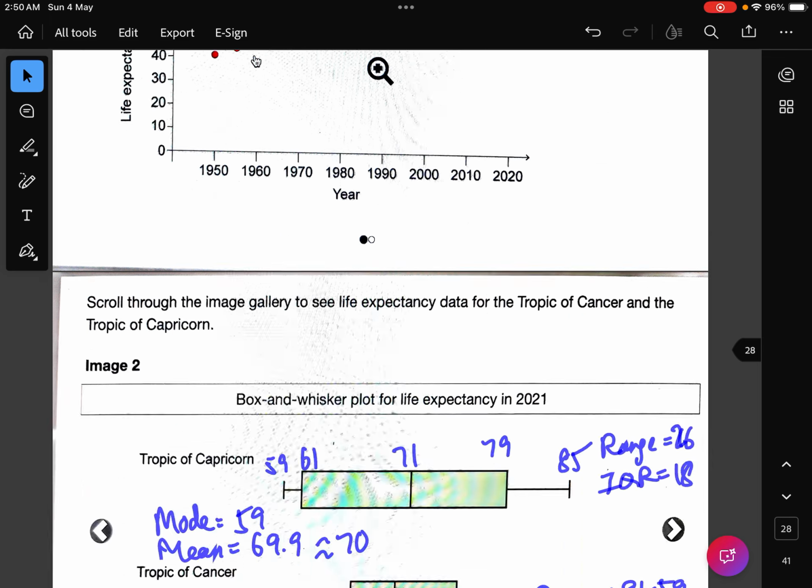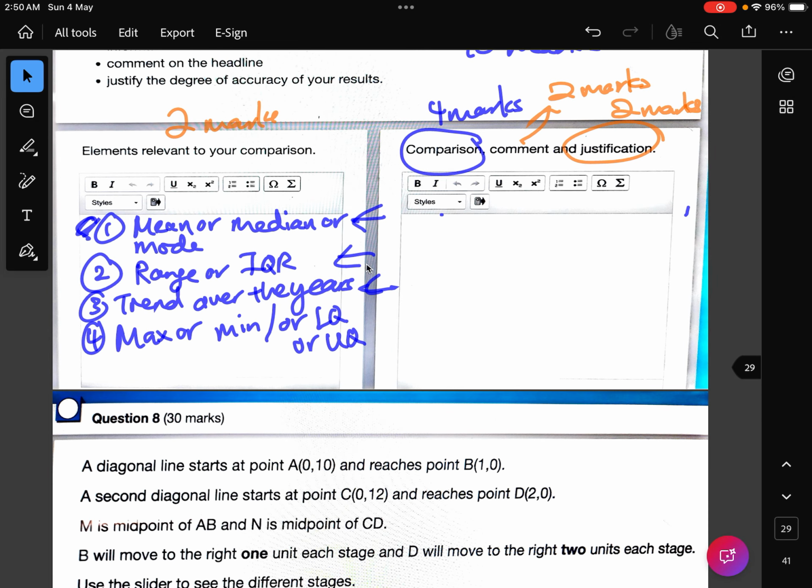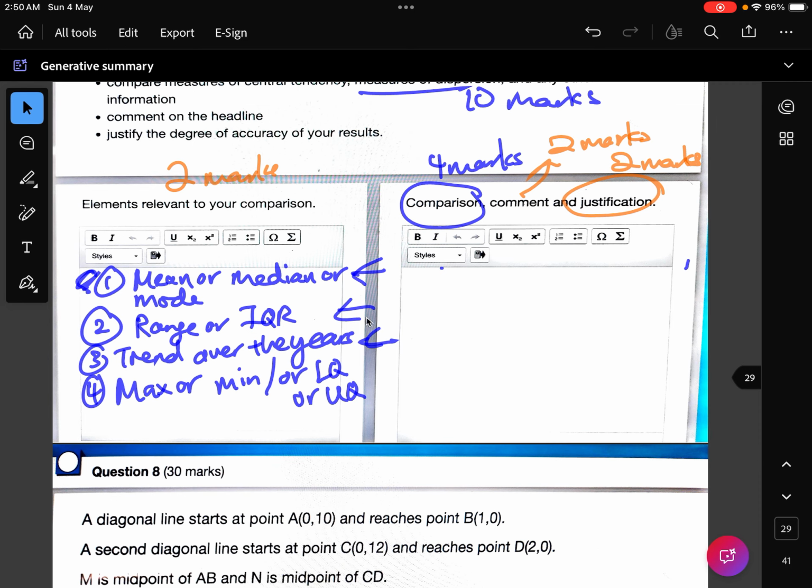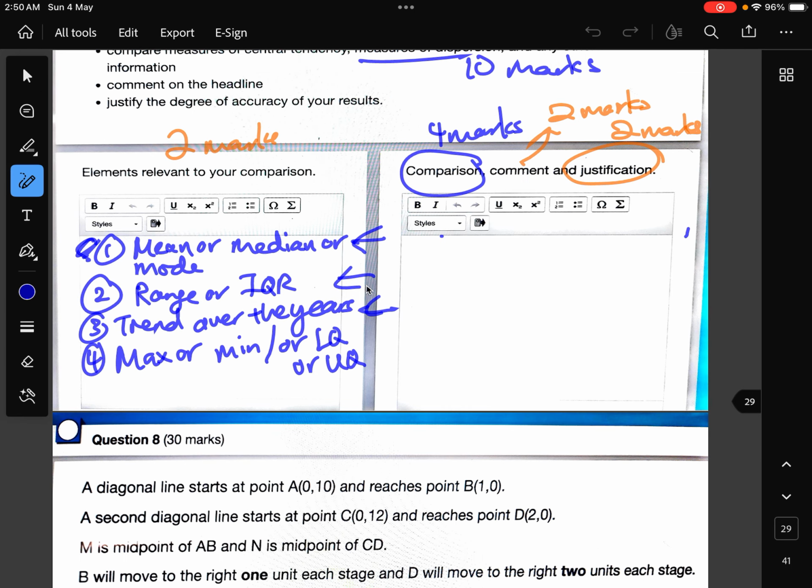So I'm going to write this down first because I think it's a very valid point. I think we can say that it's inaccurate because image 1 does not show which average is graphed.